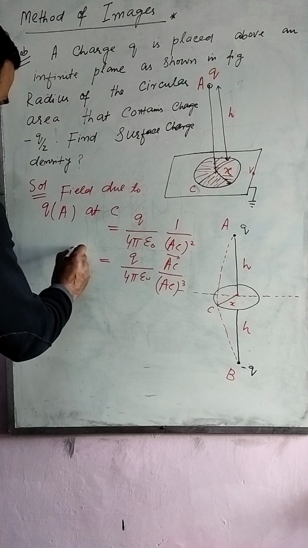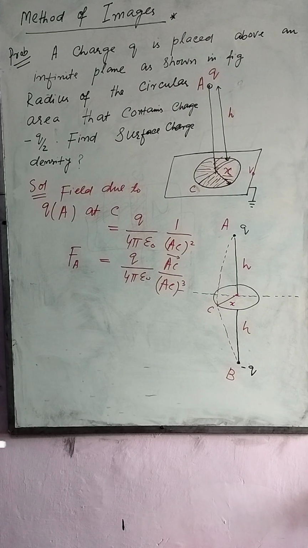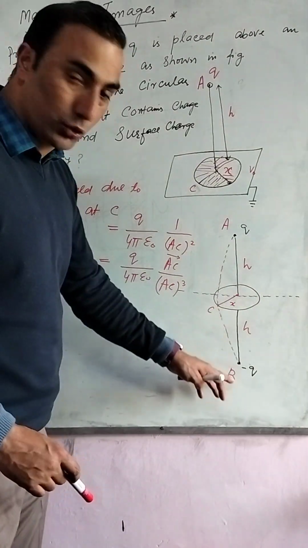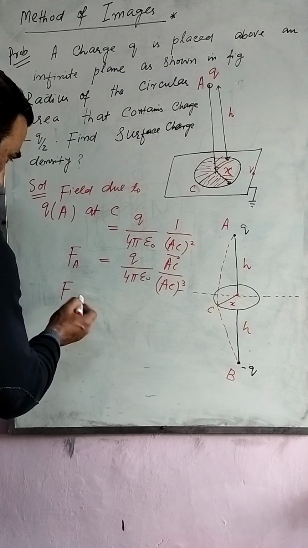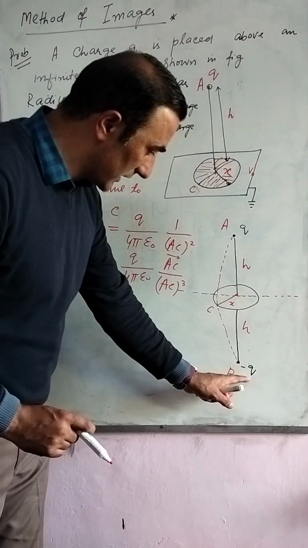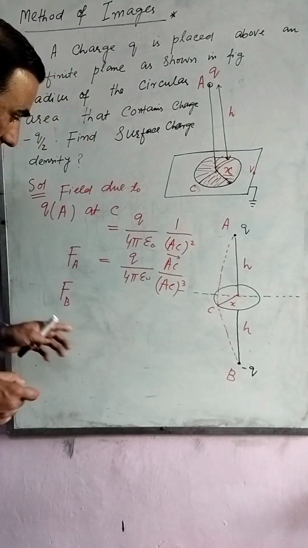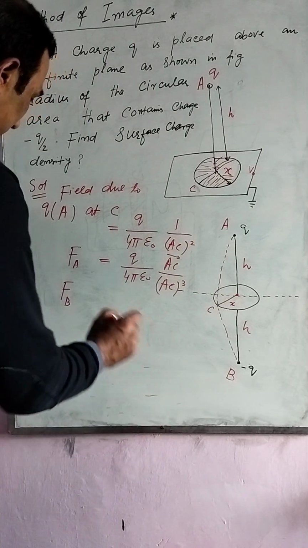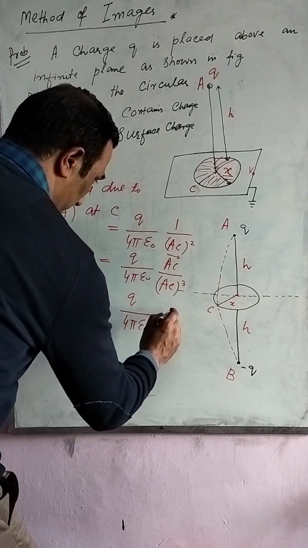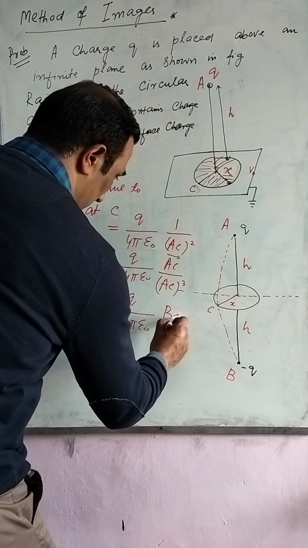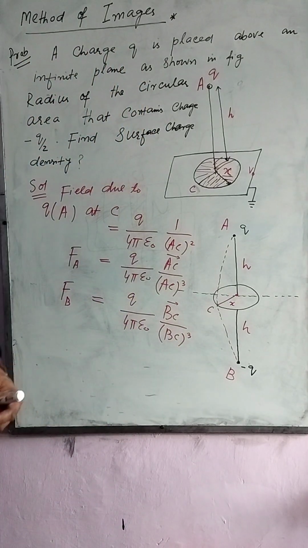So this is the field due to A at point C. Similarly, we can calculate the field at point C due to point B, that is, the field due to the charge placed at a distance h below the plane, located at point B. We can write this as Q upon 4 pi epsilon naught, BC vector upon BC.